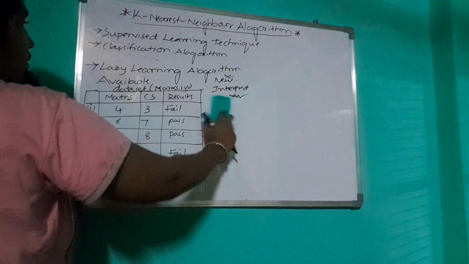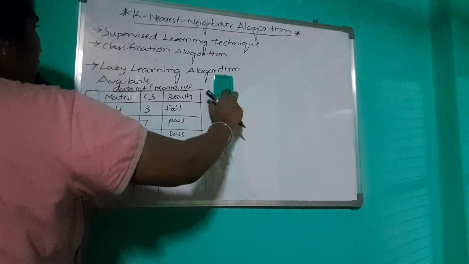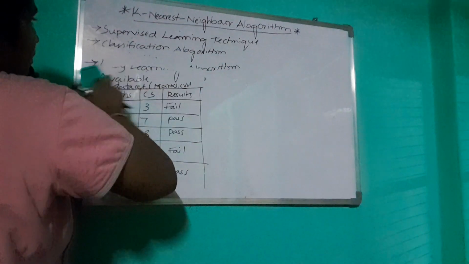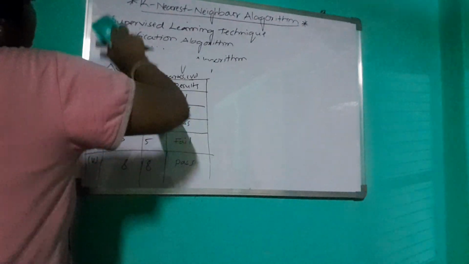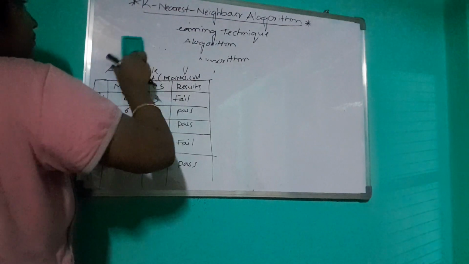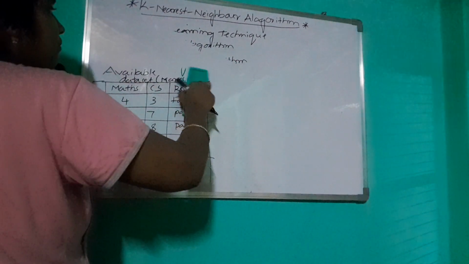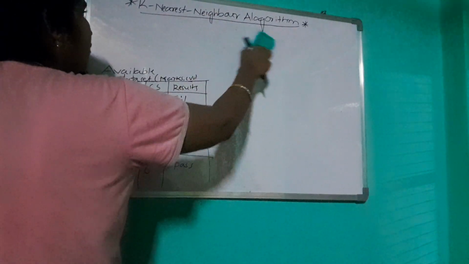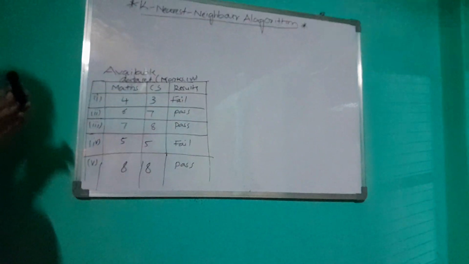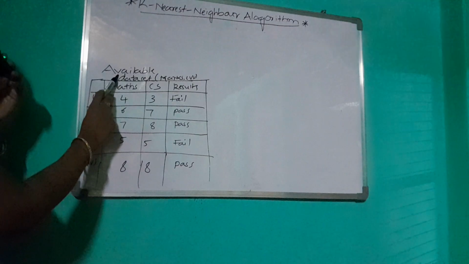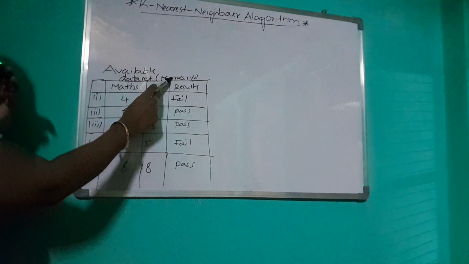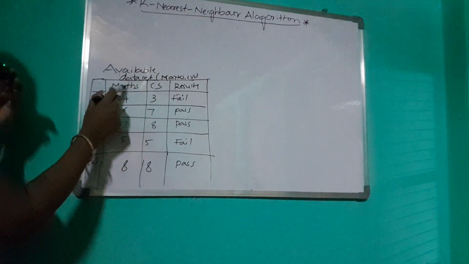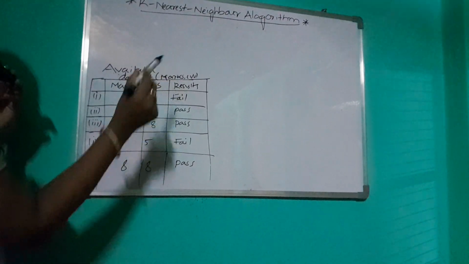Let us see this algorithm using an example. In our example, this is the available dataset. This is the marks of students in two subjects, maths and computer science, and this is the result.